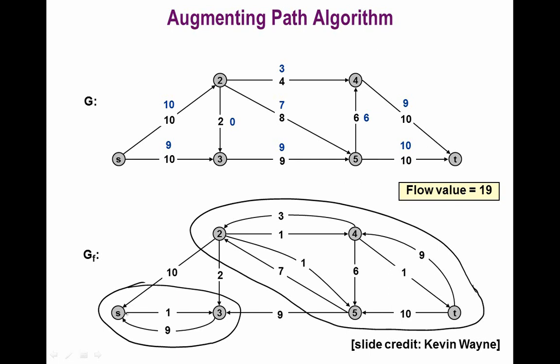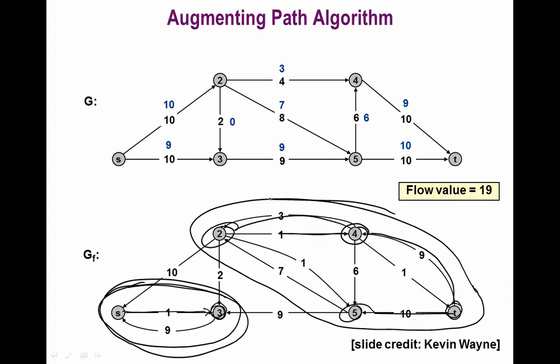You see that I have a forward edge from the source to this node number 3, which brings it into the cluster belonging to the source. And from the sink, I have forward edges to this one and to that one and also to that one, which brings all of these nodes into the cluster belonging to the sink.